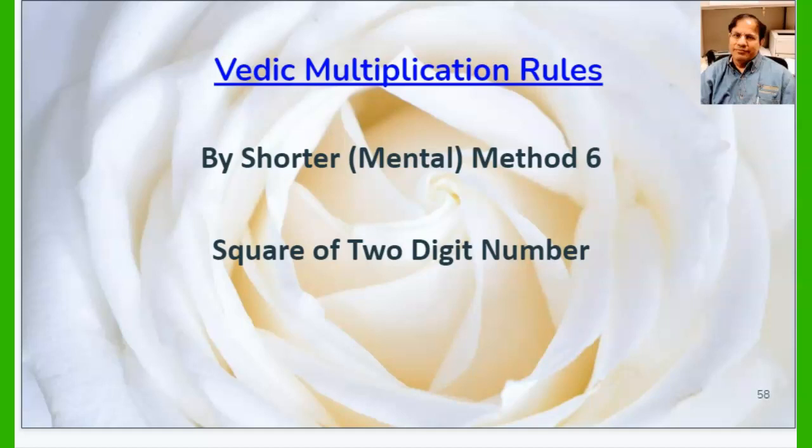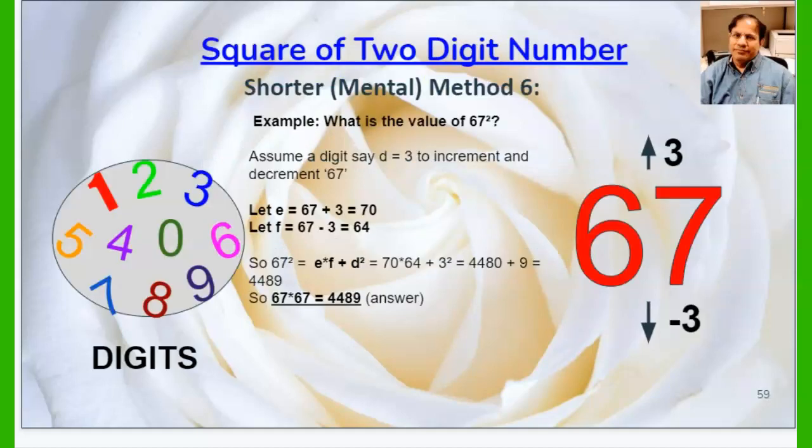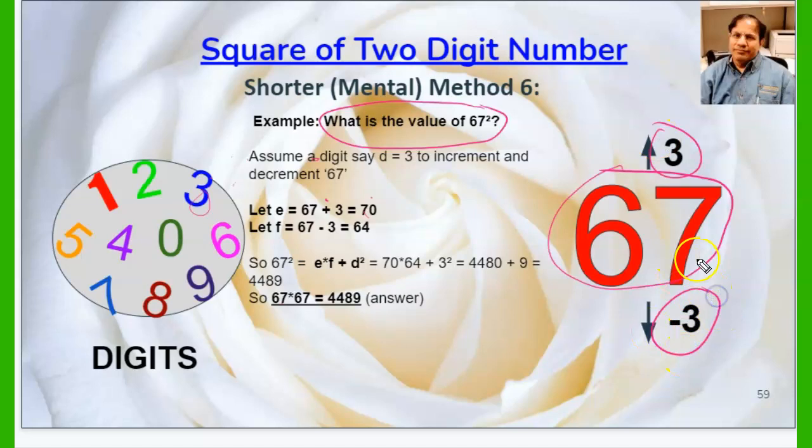But we will see a shorter mental approach to getting the result of squaring two-digit number. Let's say we have to square number 67. So what is the value of 67 squared? So what we do is we take the number 67 and add, increment or decrement a number that's closer to a number multiple of 10.